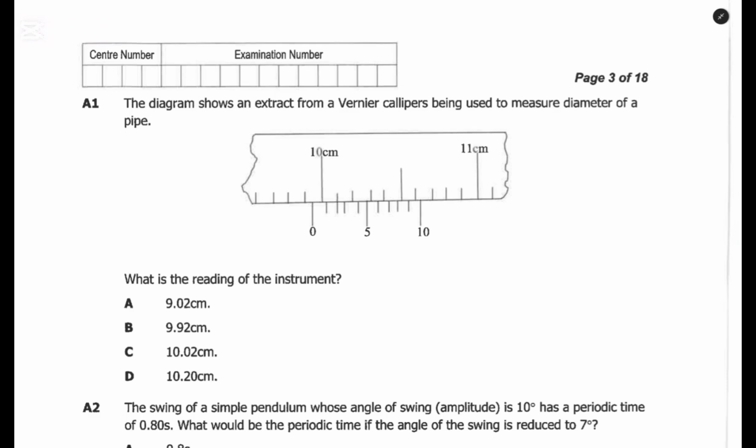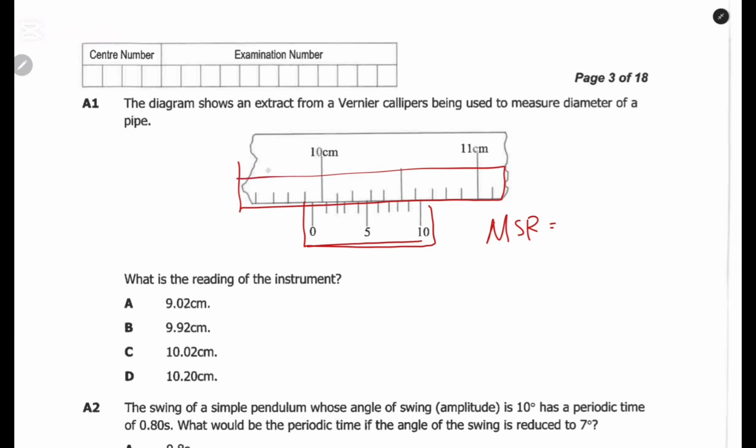So how do you get the reading on the vernier calipers? To get the readings, you need to find the main scale reading, which you pick immediately before the vernier scale. The vernier scale runs from 0 to 10. This down here is the vernier scale, and the one on top is the main scale.